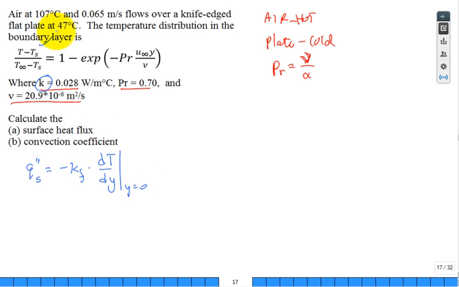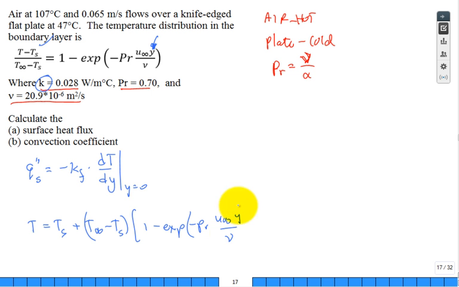So I have to take this function. It's a function of y right there. And I have to differentiate it. T is a function. Can you do that derivative? Well, I would rewrite this equation as something like T is equal to Ts plus T infinity minus Ts times 1 minus the exponential of minus Prandtl times U infinity y divided by nu, close. Can somebody give me the dT/dy?